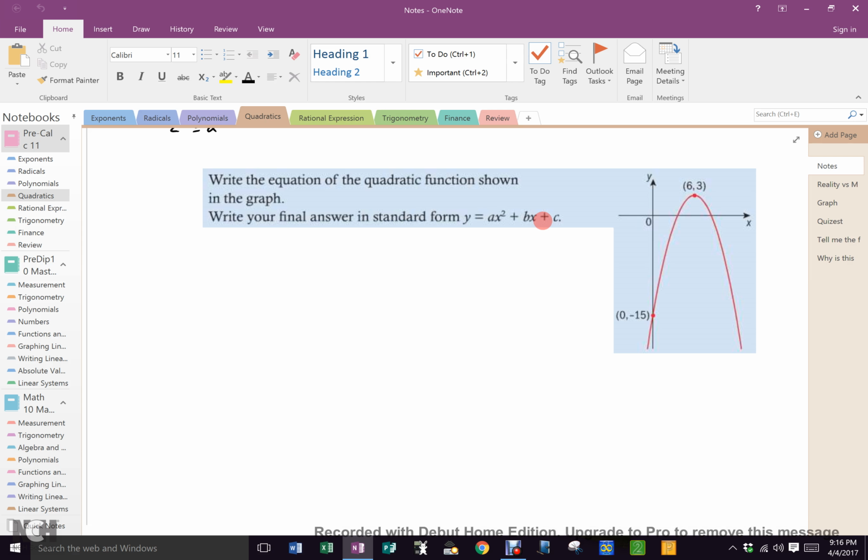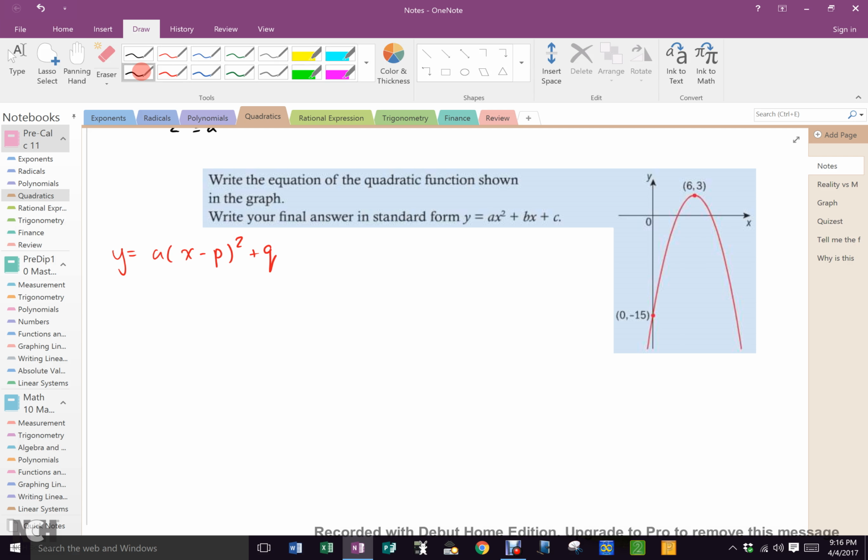Alright, so let's do this. I have a vertex. Since I have a vertex, I can go in vertex form, which is y equals a(x minus p) squared plus q. So I've got a y and an x. And what do I have here? A y, an x, and a y. So all I got to do is take this over to here, and there is a p and a q.